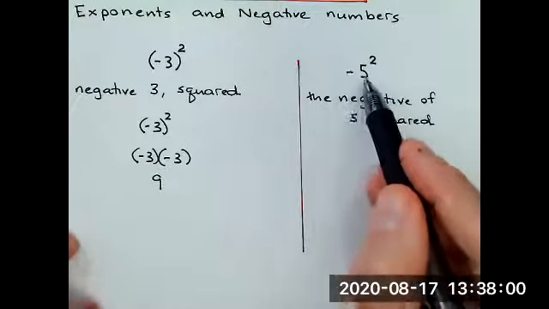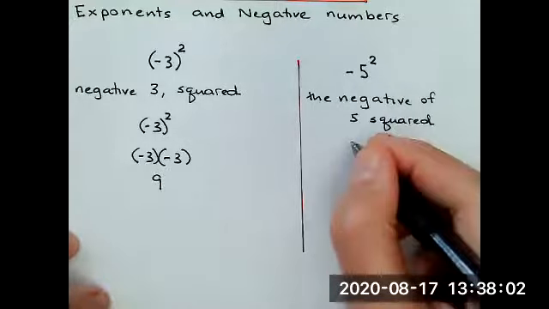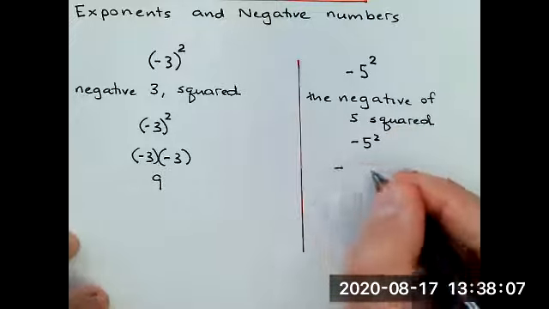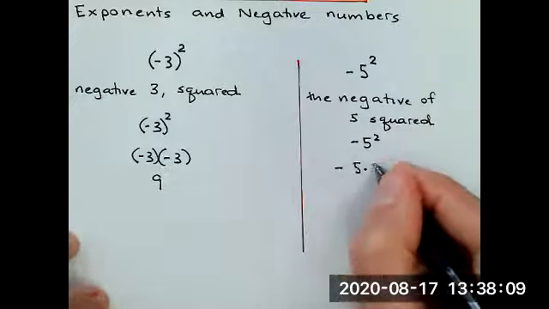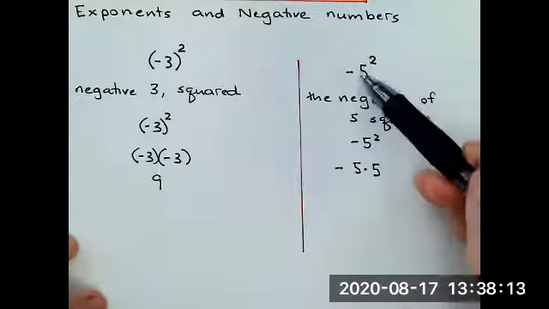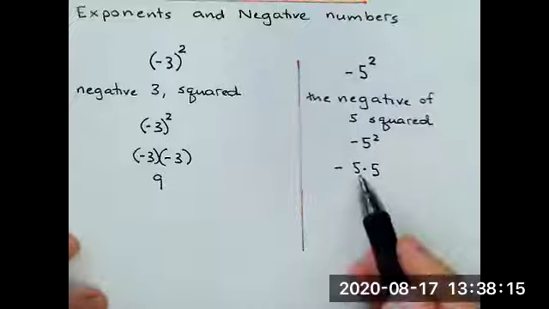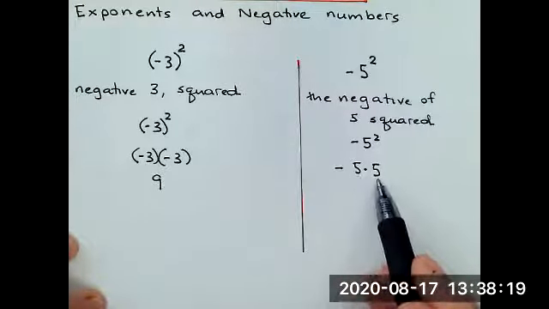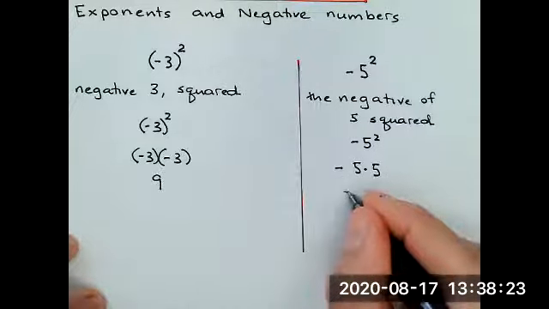The negative of 5 squared, that's just the negative of 5 times 5. So if the negative is not inside the parentheses, it's not repeated. So we get -5 times 5. A negative times a positive is negative.